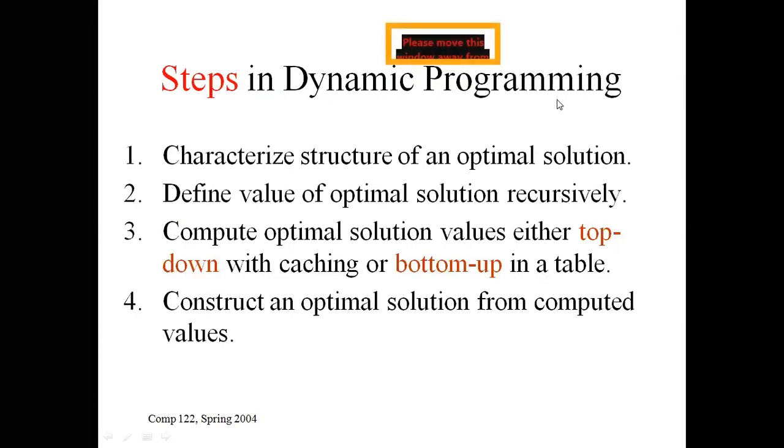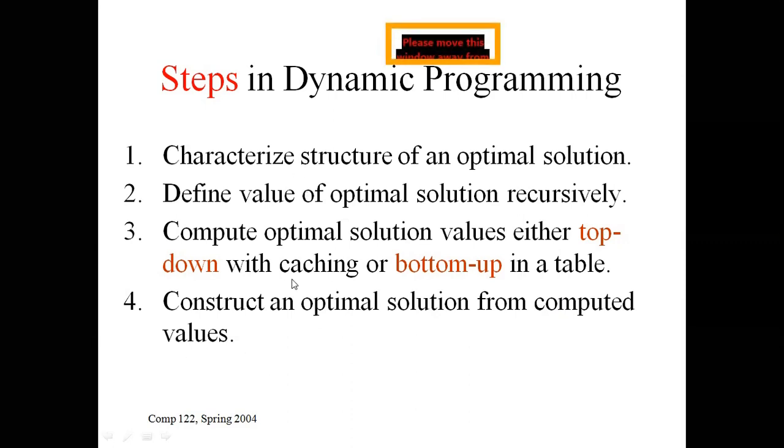So steps in dynamic programming. What are the steps? Important steps are: characterize the structure of an optimal solution, define the value of the optimal solution recursively, compute optimal solution values either top down with caching or bottom up in a table, construct an optimal solution from computed values.